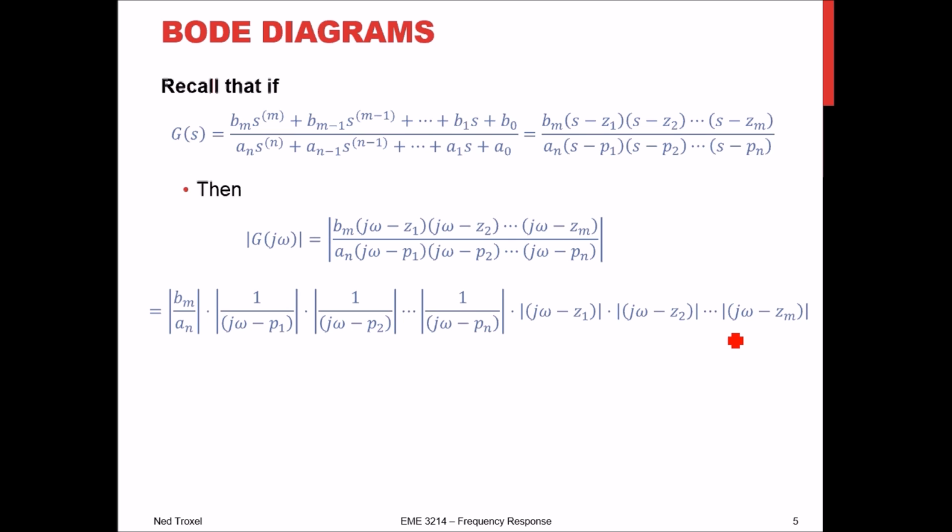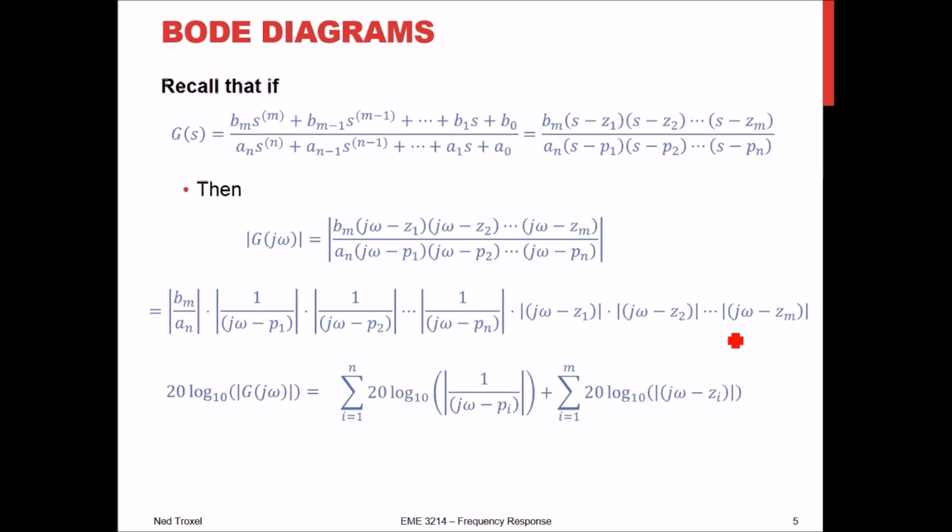If we take 20 times the log 10 of that, we'll be able to split these up individually. Also need to add here 20 log 10 of v over a.